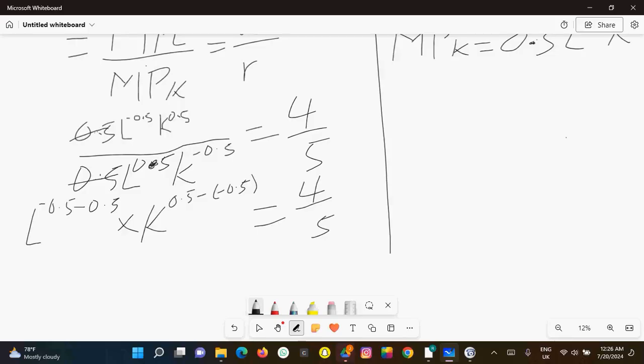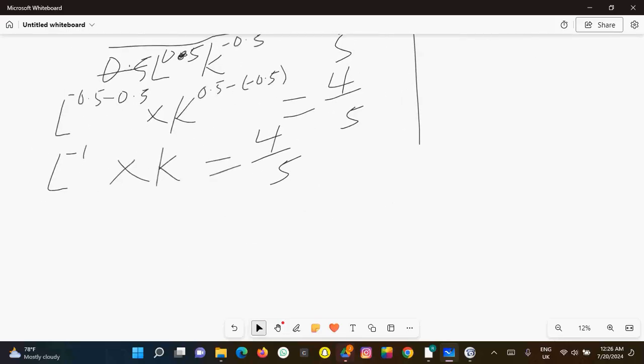So now what is going to happen here is that we get L raised to the power negative 1 times K, which will be equal to 4 over 5.